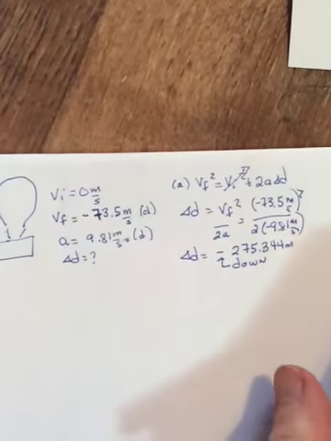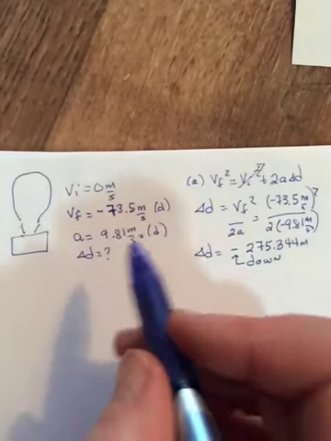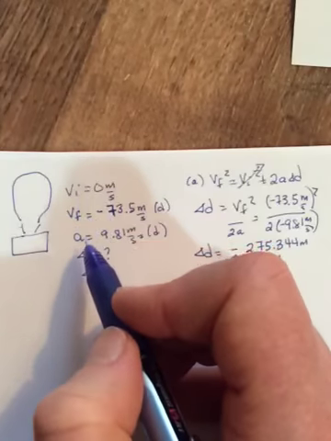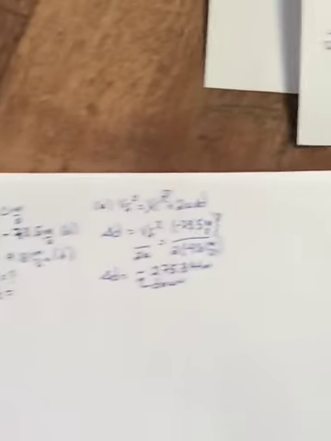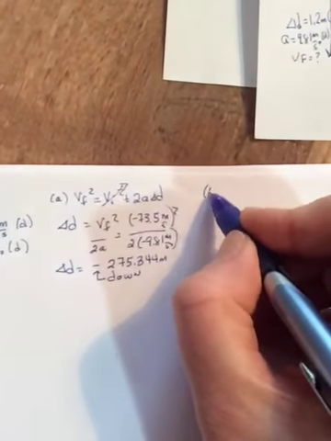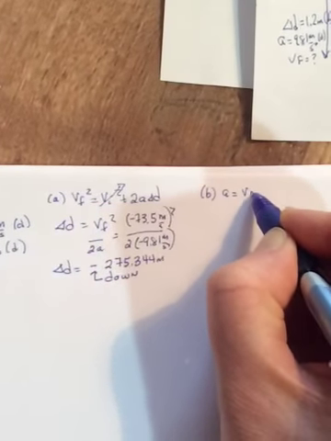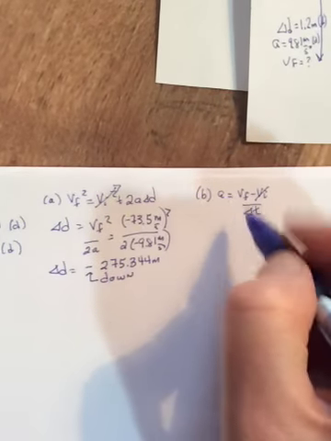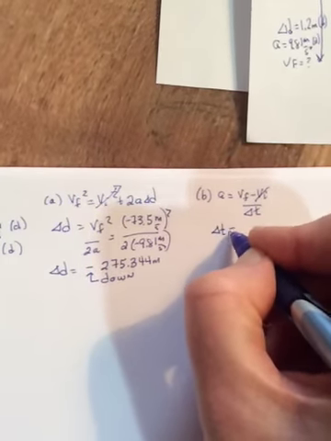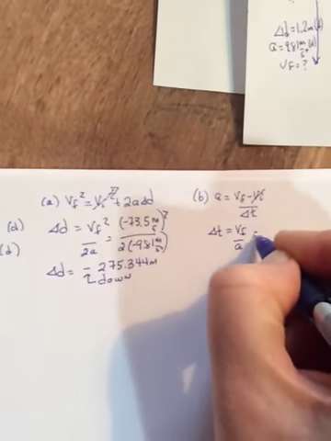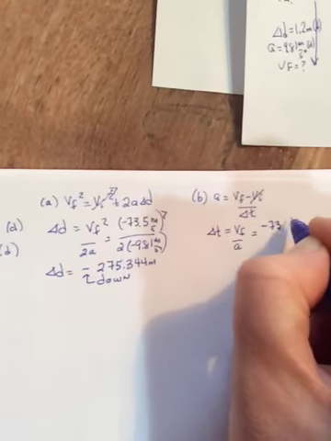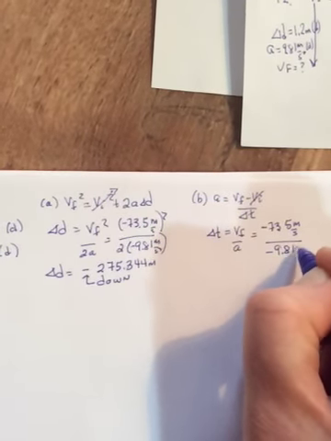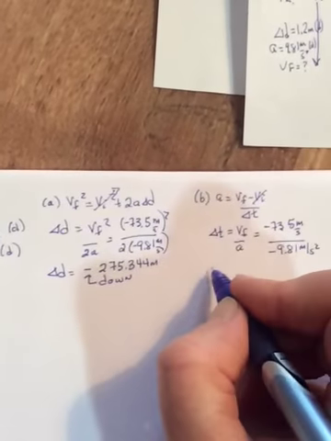Okay, part B wants to know how long did it take, delta T. So if you're given a VF, a VI, and an A, and you're looking for a delta T, I would just go back to our grade 10 equation, A equals VF minus VI over delta T. VI goes to 0, delta T comes up, A goes down, negative 73.5 meters per second divided by negative 9.81 meters per second squared.